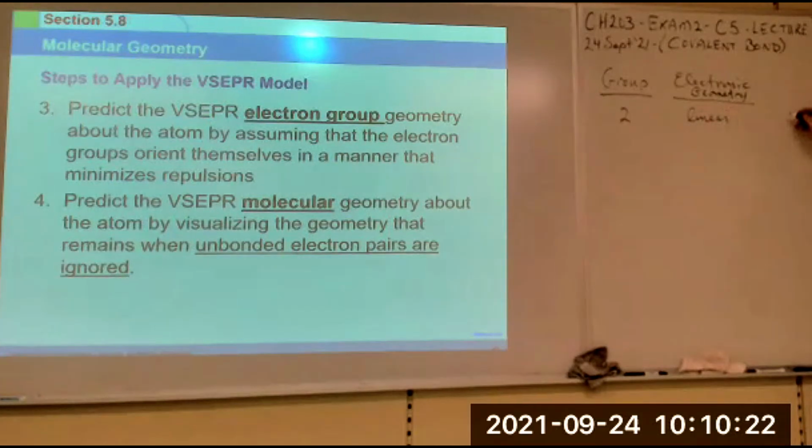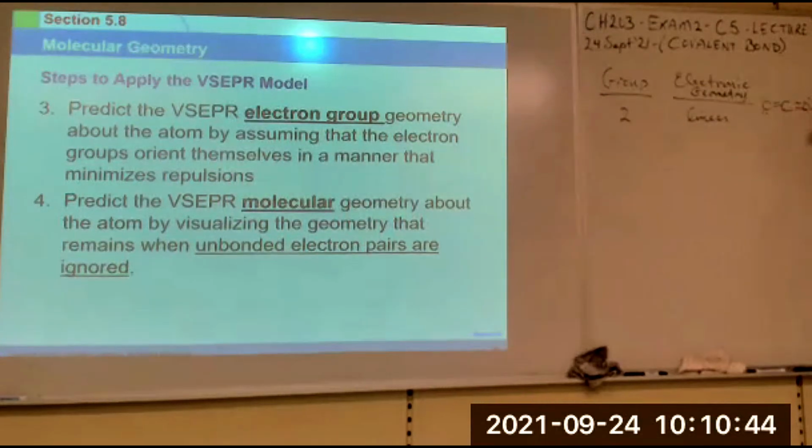Example: carbon dioxide. Around the central atom, you have one group here and one here. Now, you have lone pairs on the oxygens to complete the octet, but we're focusing on the central atom. One group here, one group there.